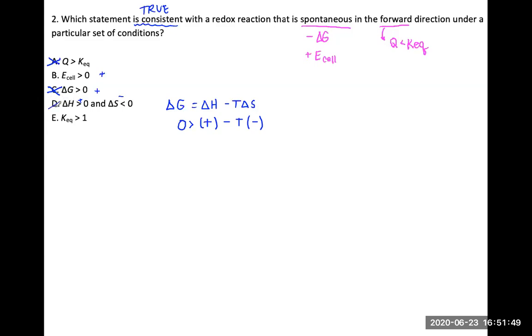And so this is out. And then KEQ being greater than 1, we can really only think about this under standard conditions. And since they don't specify standard conditions here, we can rule that one out and settle with B.